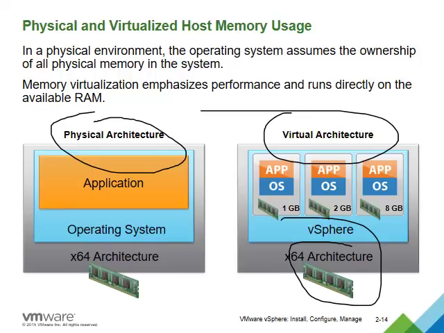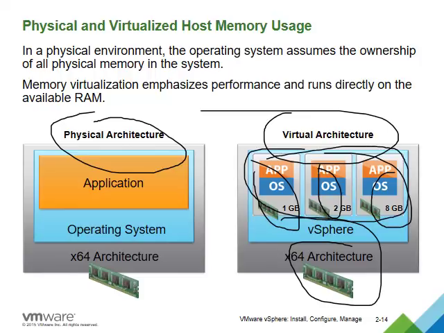This configuration enables the hypervisor to run multiple VMs simultaneously, which you look right here, you got 1, 2, 3 VMs, protecting the memory of each VM from being accessed by the others as a whole.